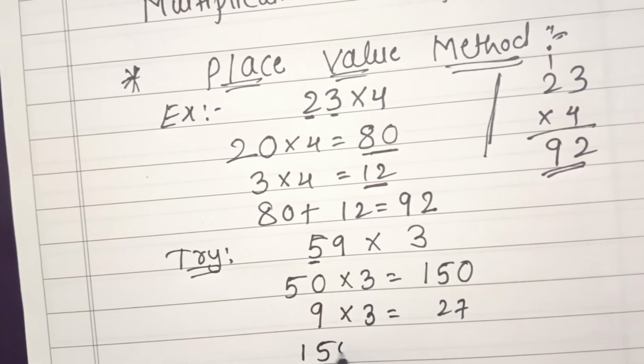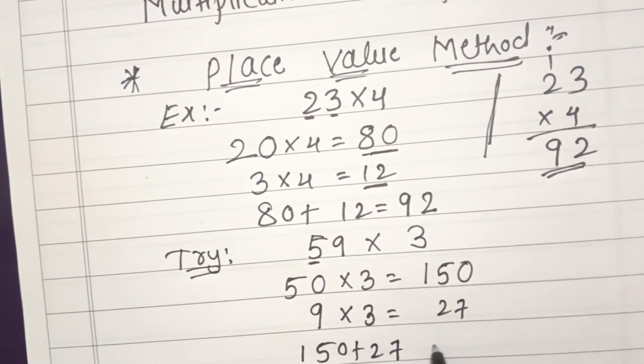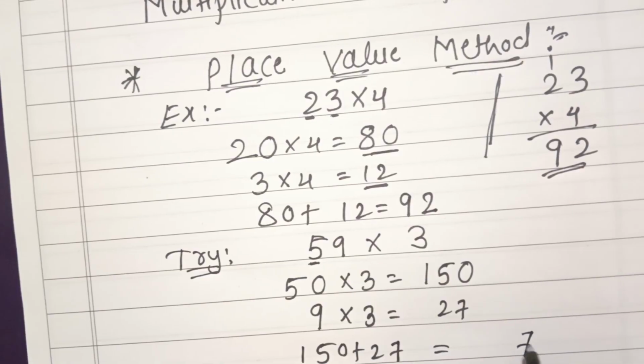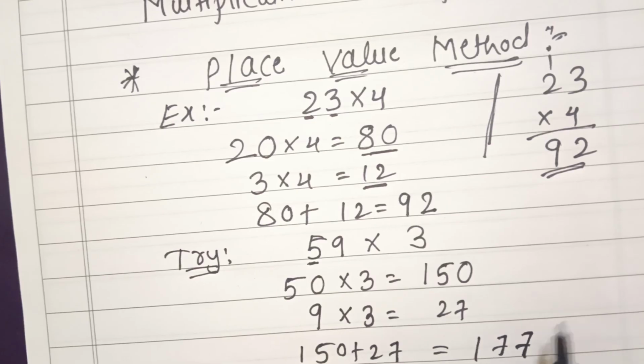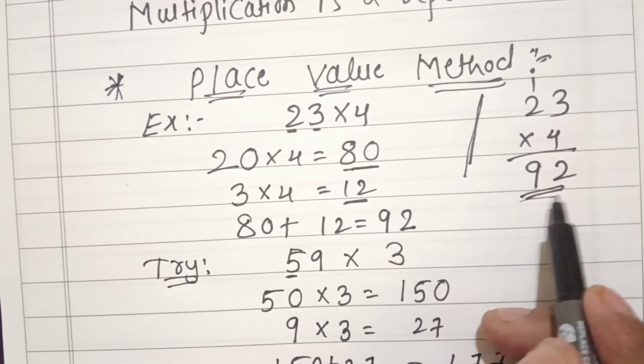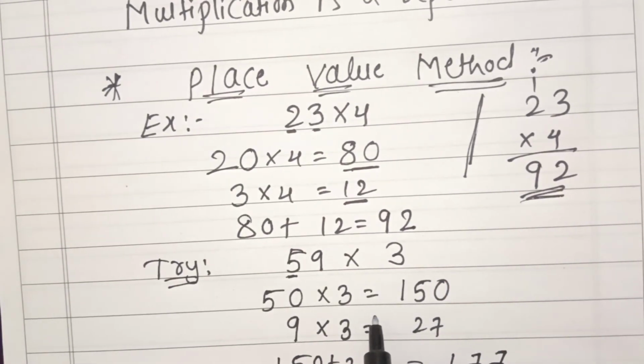Now 150 plus 27, how much will we get? 177, right? So 59 into 3 is 177. Instead of the regular method, we can follow this method.